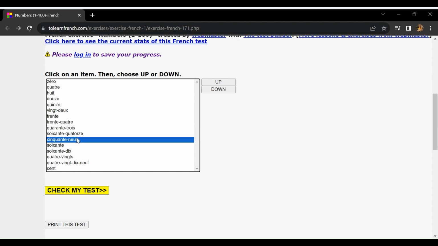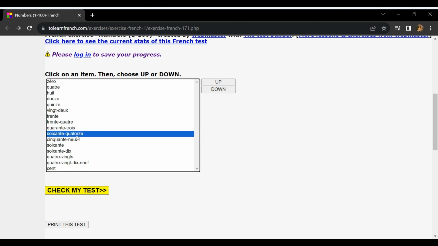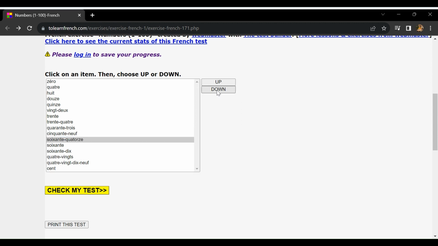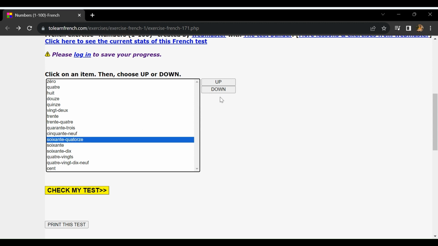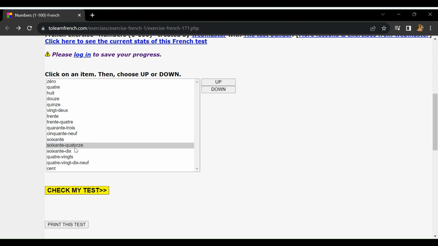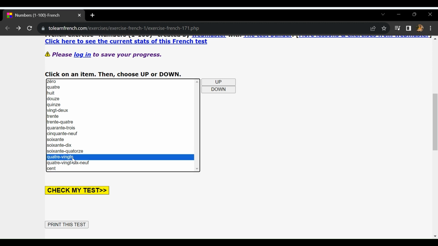Then there is some problem. I believe it will be down, because after quarante there will be cinquante-neuf, which is 59. What is going on?